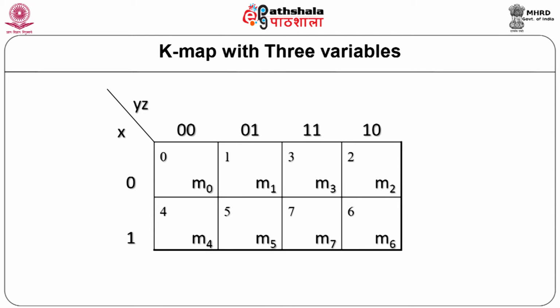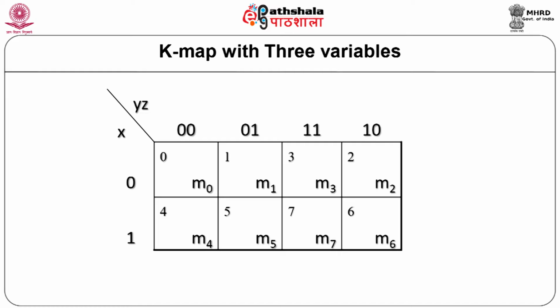Let us now try to understand the structure of K map of 3 variables. Here the ordering of variables x, y, z is most important. y z is specifying the column and x specifies the row. The value that we have written for x is 0 and then 1, and for y z the values are written as 0 0 in a column, 0 1, 1 1 and 1 0.